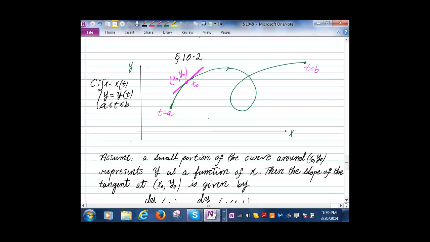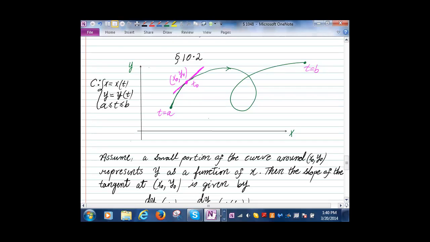However, the slope is a local behavior. It's a local property. So all I care about is what is happening near this point, right? So let's assume that there is a portion of the curve around the point where y is a function of x. Am I making sense? Everybody is okay with that?